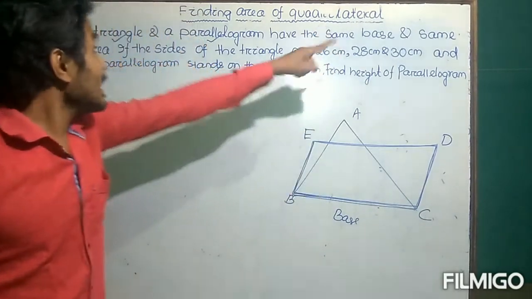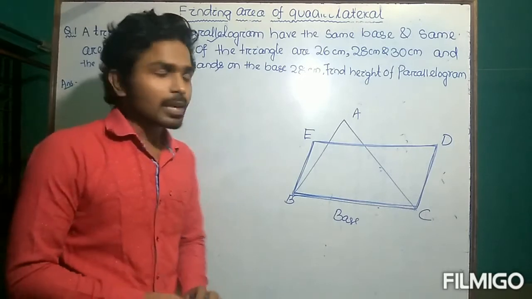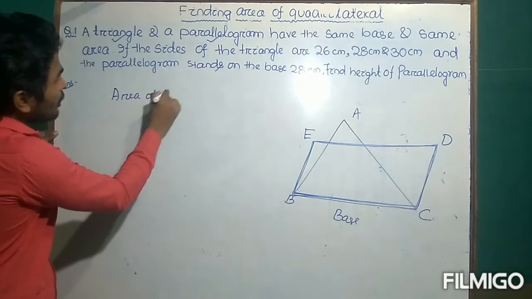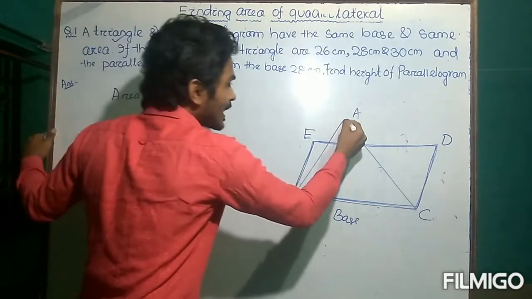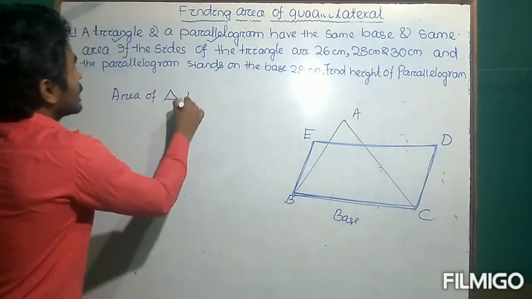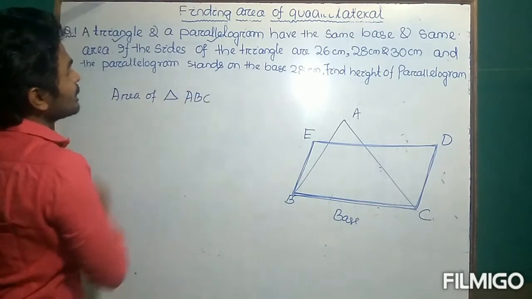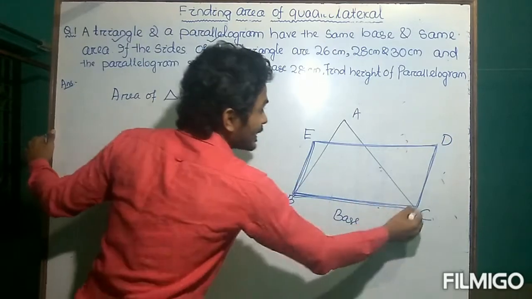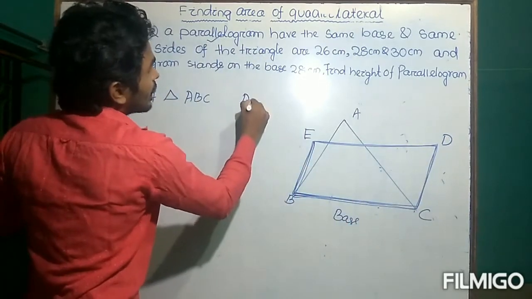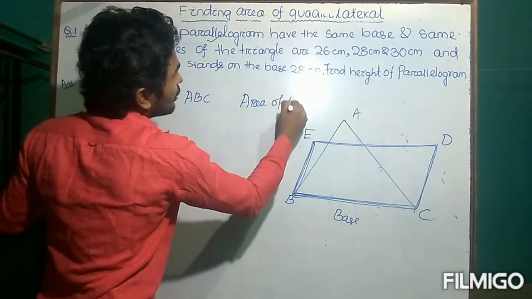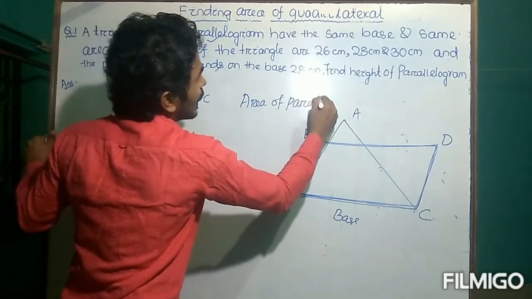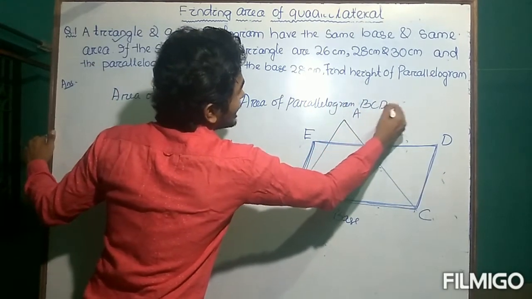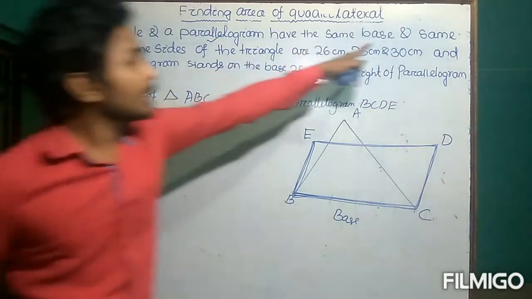Clear? And same area. So it is given that the area of the triangle, the name of the triangle is ABC, the area of triangle ABC and the area of parallelogram BCDE are equal.